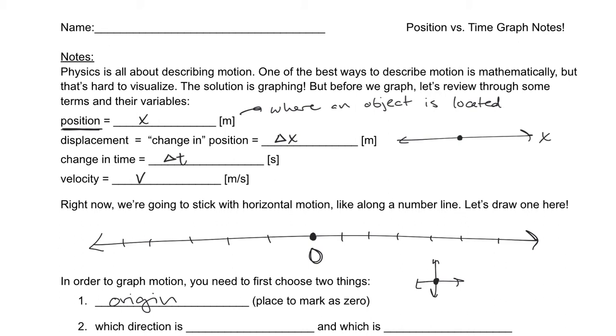So we decide on our number line which direction is positive and which is negative. In most cases in math, the convention is that we put positive on the right side and negative on the left side. You can do it the opposite and it'd be perfectly fine. You just need to choose in your problem which direction you want to be positive and which negative. Right now, I'm going to say right is positive and left is negative.